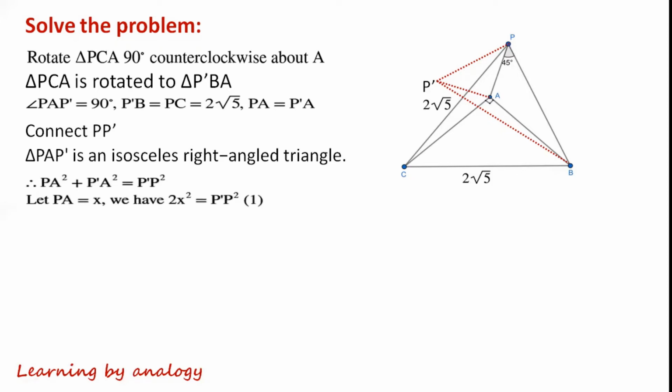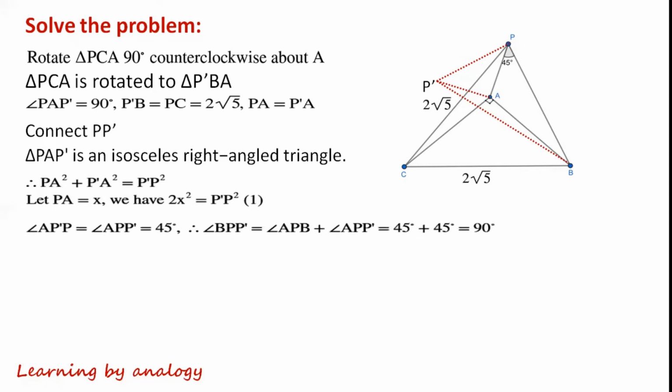So PA squared plus P'A squared equals P'P squared. Let PA equal x. We have 2x squared equals P'P squared.